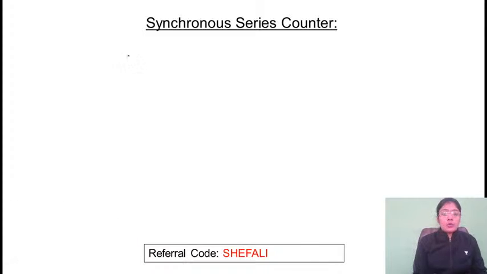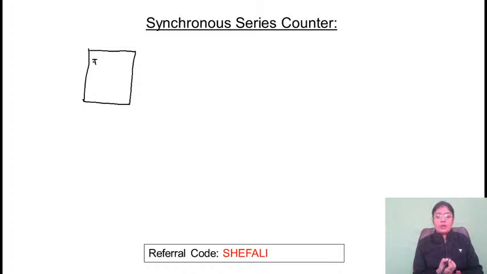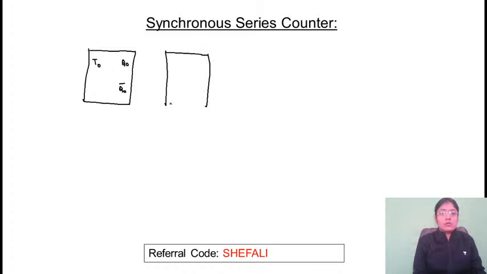I'm taking a counter with the T flip-flop. T flip-flop I'm using here. So that is T0, Q0, Q0 complement. T1, Q1, Q1 complement.